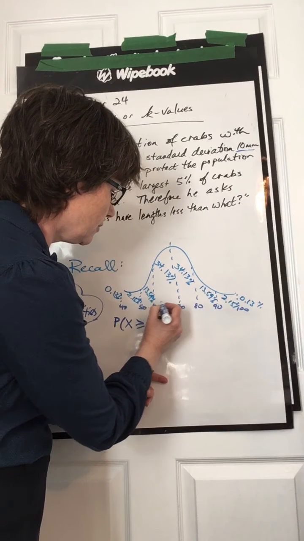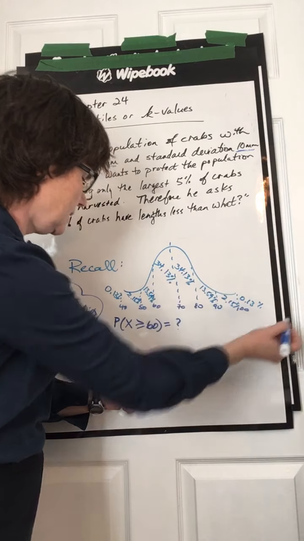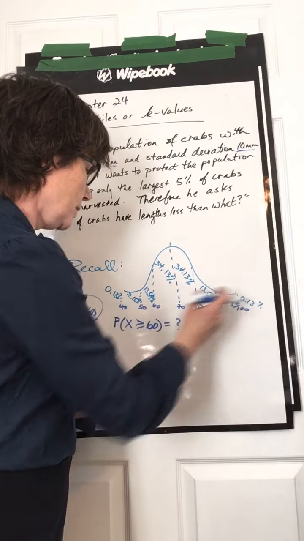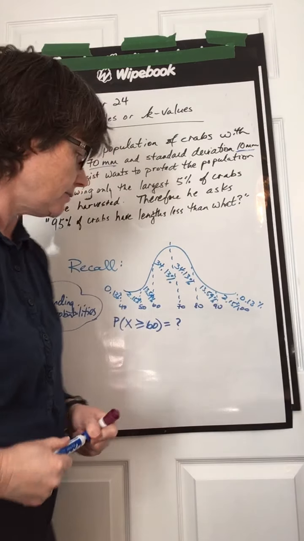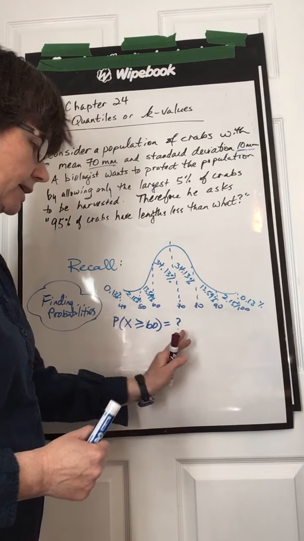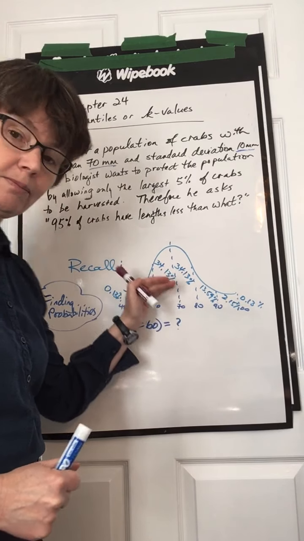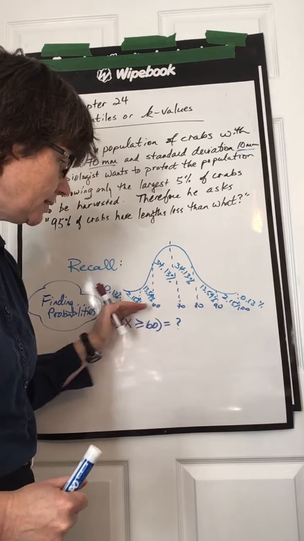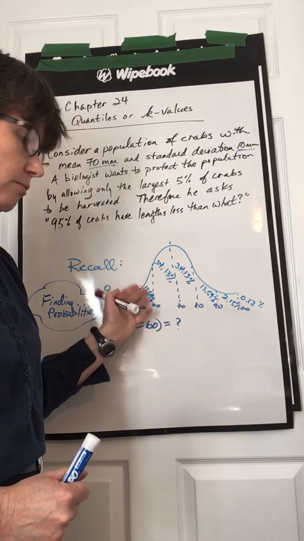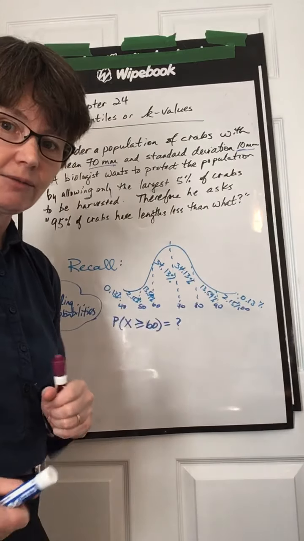That means we'd be looking for this entire area under the curve, 60 and above, and we could add all of those parts of the normal distribution up and get our answer. That's what we've been doing so far, either with numbers that are easy to use, exact standard deviations away from the mean, without a calculator, or with a calculator with any values.